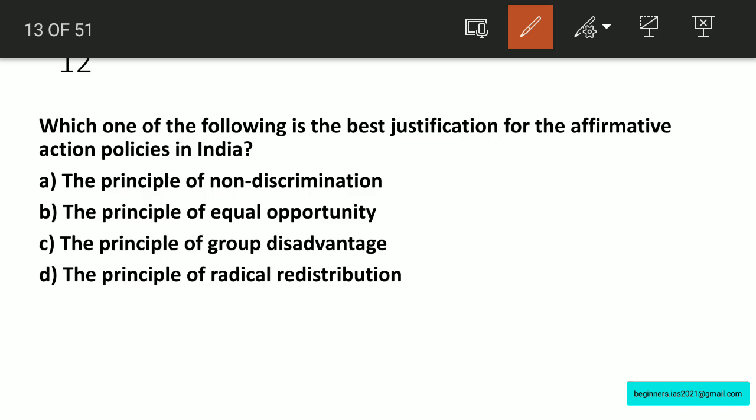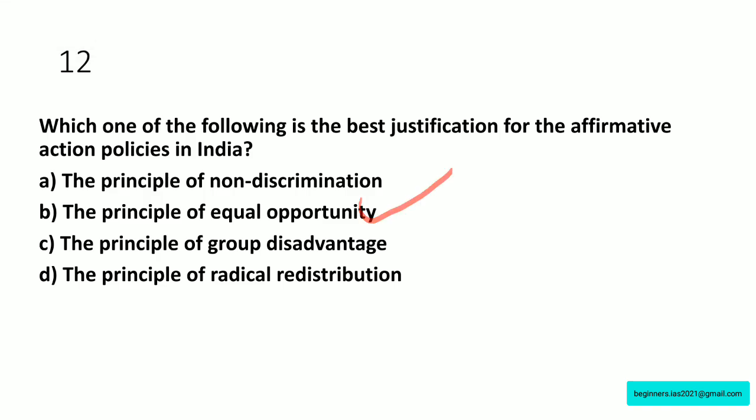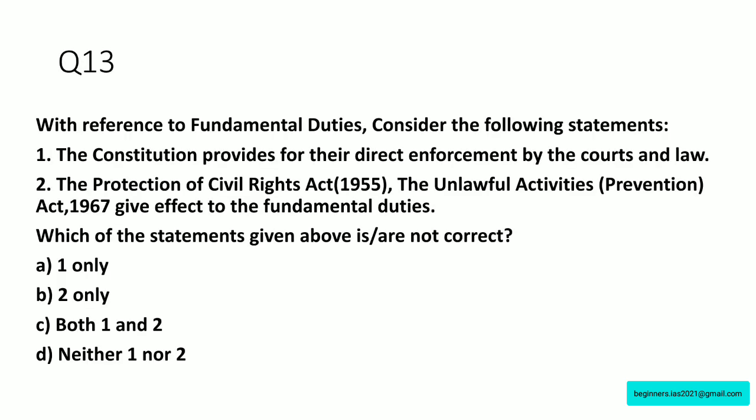Kindly note that affirmative action follows the principle of equal opportunity. Therefore, the answer for the question is B, the principle of equal opportunity. So let us move on with question number 13.